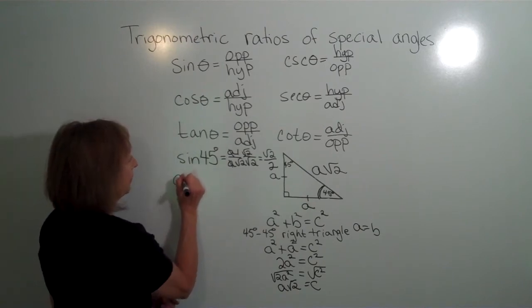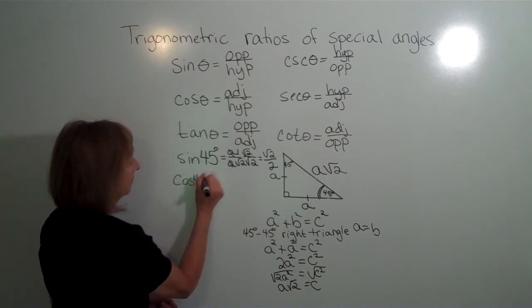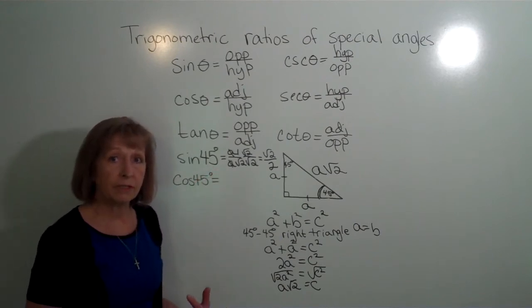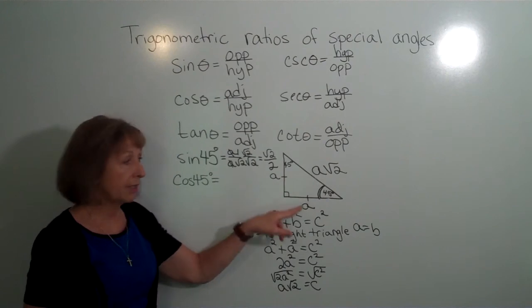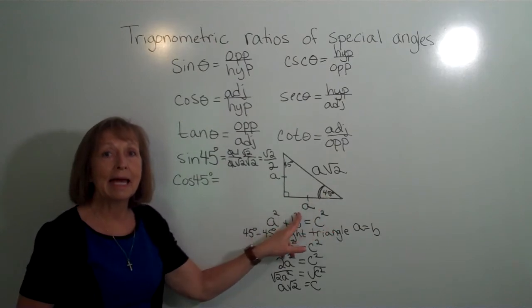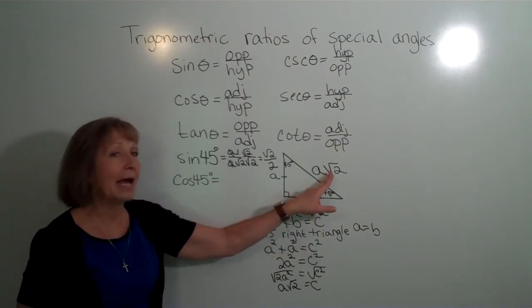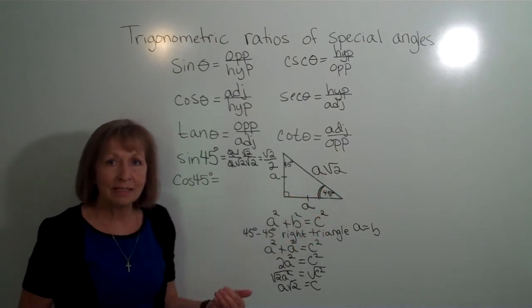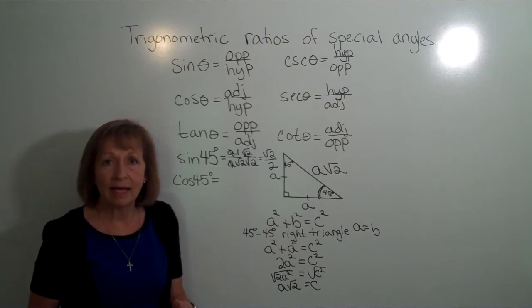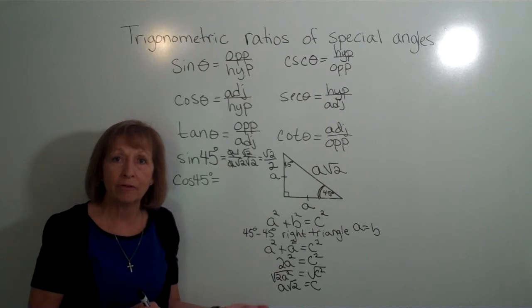How about the cosine of 45 degrees? Well, because it's a 45 right triangle, even though I'm doing this angle for my 45 degrees and cosine is adjacent over hypotenuse, since it's a 45 right triangle, the opposite side and the adjacent side have the same numerical value.